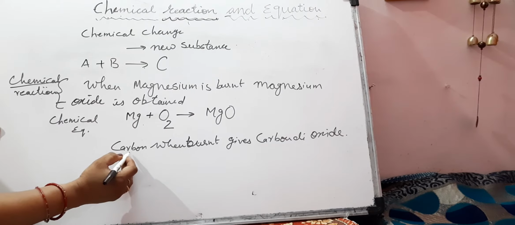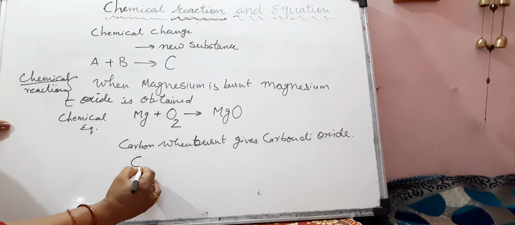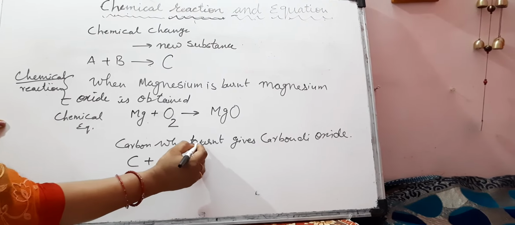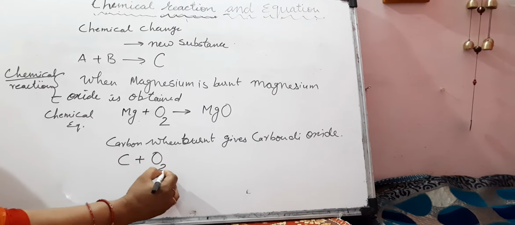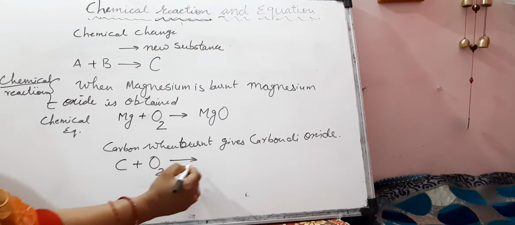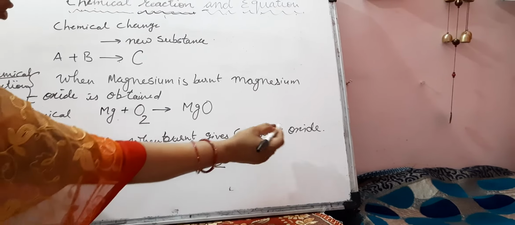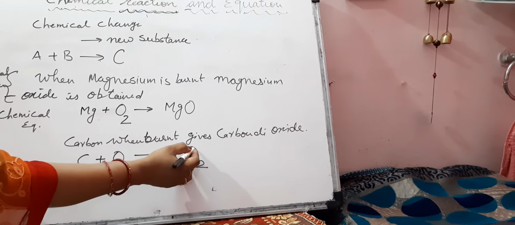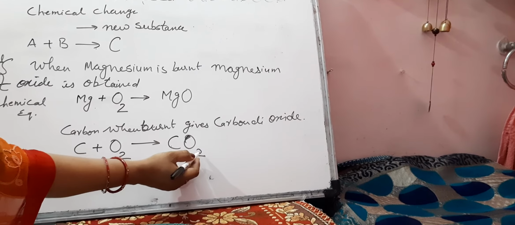Here I am writing chemical equation, that will be carbon, symbol is C. If it is burning, it is understood that in presence of oxygen. When these two will combine together, we will get carbon dioxide. The formula of carbon dioxide, as you all are knowing, CO2.